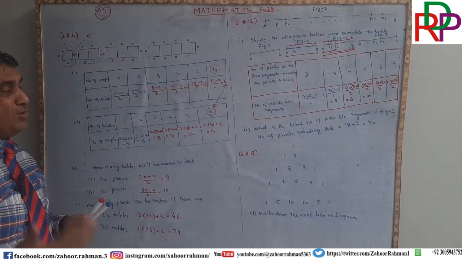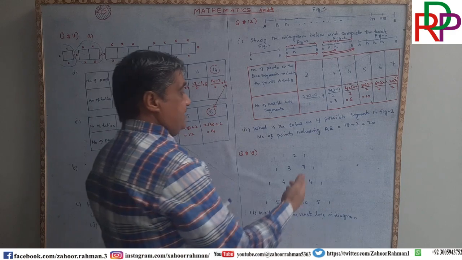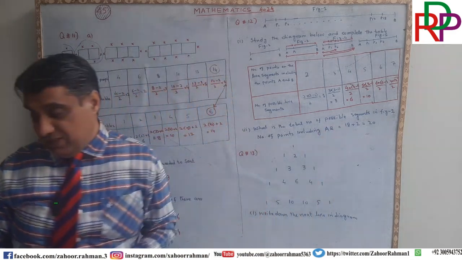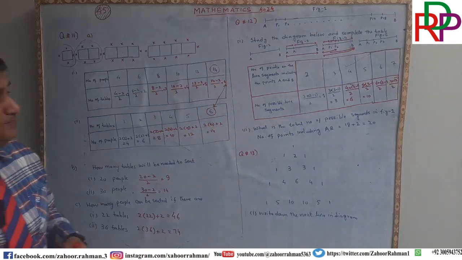So 2 more will be added with the 18, and that will become 20.